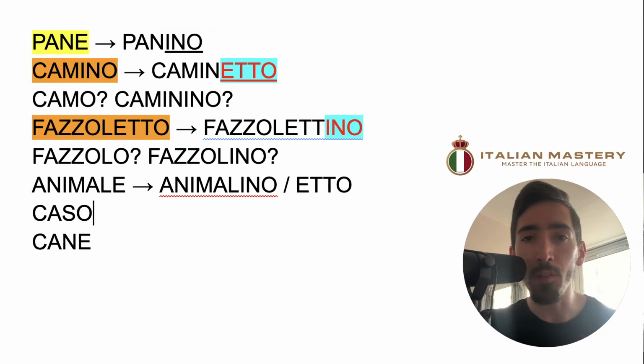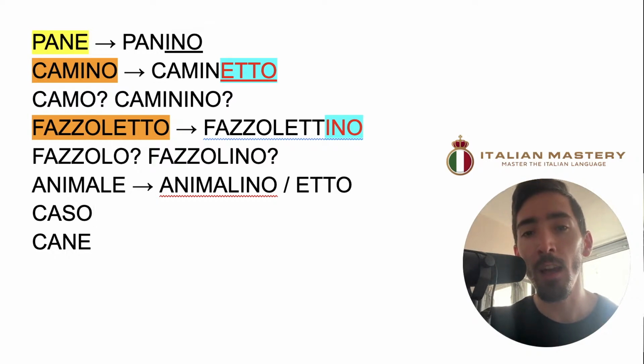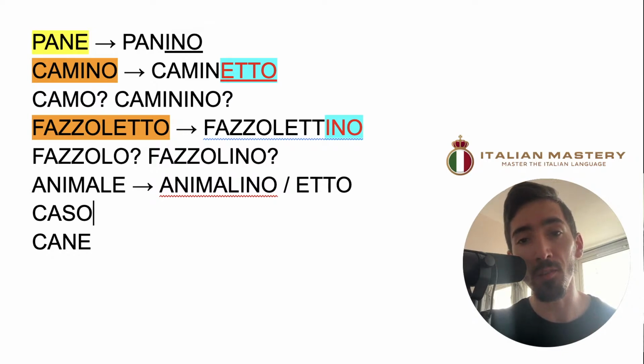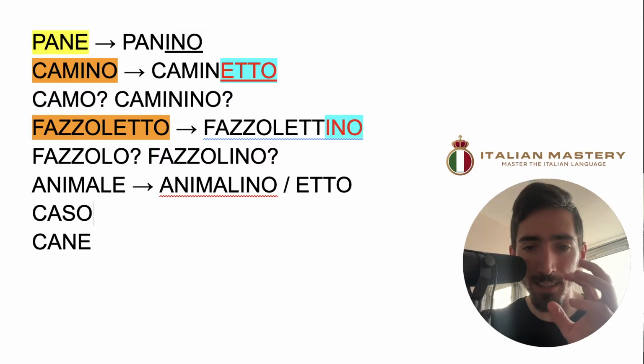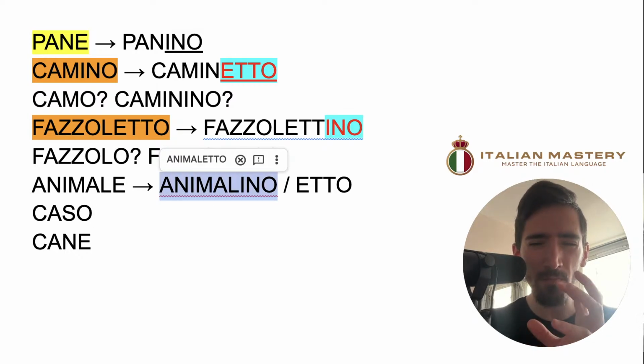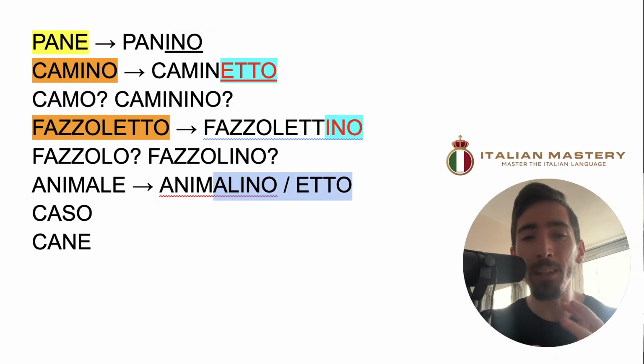You wouldn't use these words for an essay at uni, for example. But we don't want to become professors today. Today we want to speak like native speakers. And these are effects that are applied to words in Italian every day. So let's not get lost in the details now. Is animalino acceptable? Animaletto?